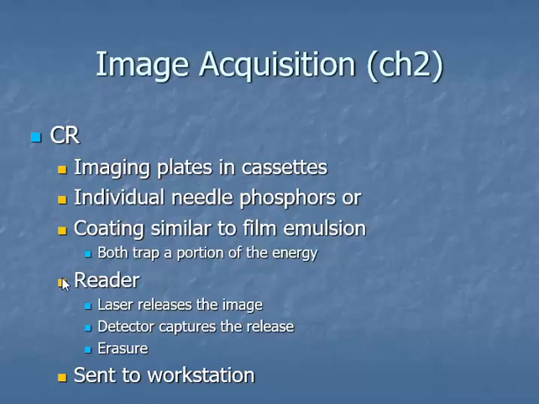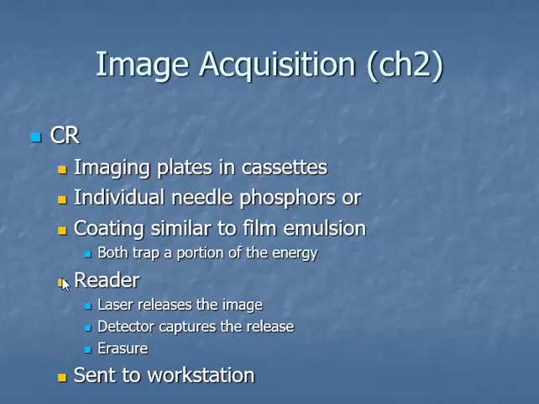Since the needle phosphors are side by side, and they occupy space all the way through the phosphor layer, when one doesn't work, that gives us an artifact that we call a dropout artifact, and it just looks like a place where you had absolutely no exposure. It's just a single small vacancy in your image, and it's very specific to the needle phosphors.